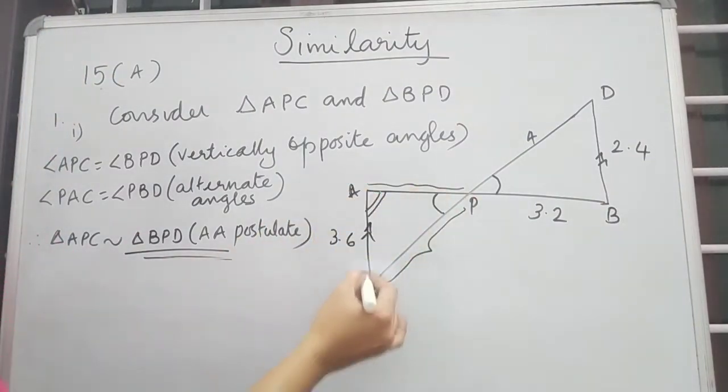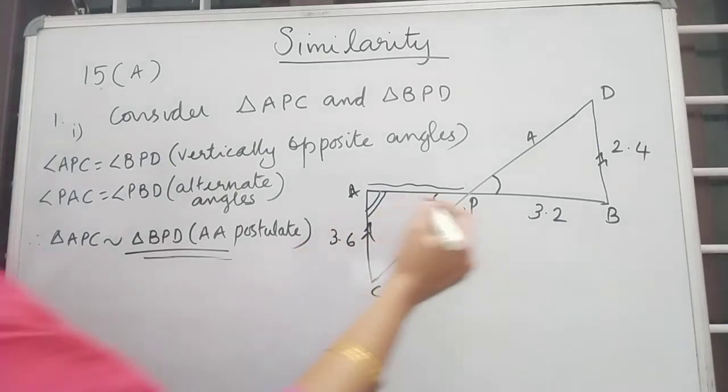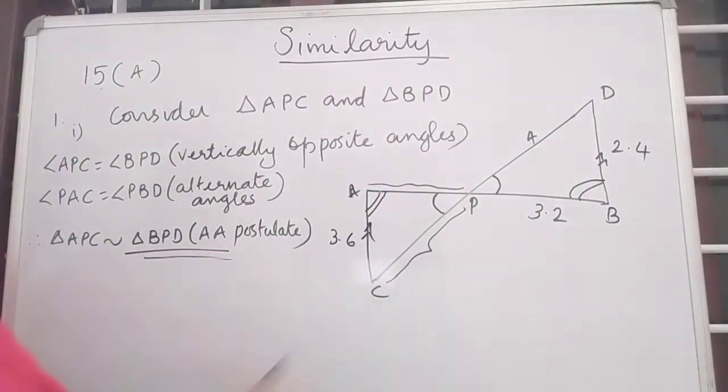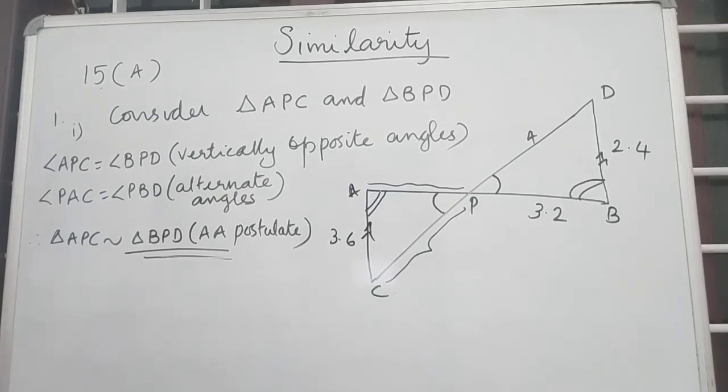So PAC will be equal to PBD, since these two are alternate angles. So easily we can understand that AC and BD are parallel and AB is the transversal, so angle A will be equal to angle B. Reason is alternate angles. That is, PAC and PBD are alternate angles.